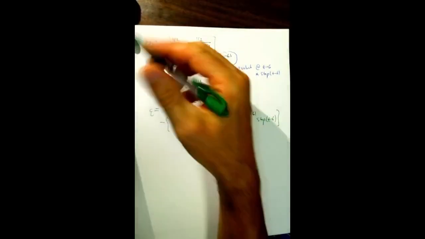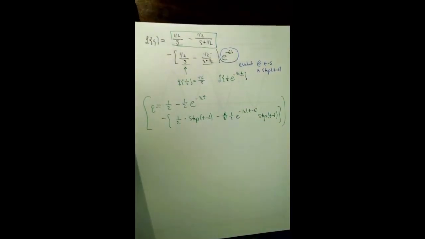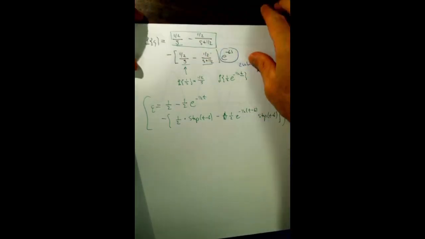This is a mess. This is a lot. On a quiz or test, just leave it like that. There's no point in simplifying that. You're just going to make it more likely you make a silly mistake, and just run with that.